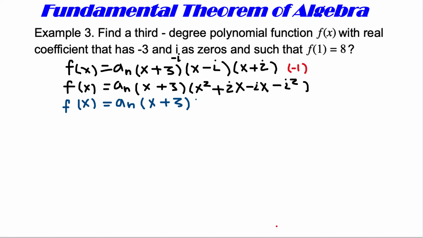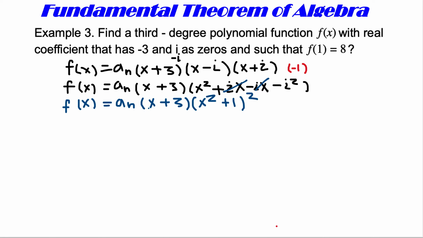And now what do I have here? This ix minus ix cancels, and let me write x squared, the first term, and this i squared is -1. Negative times negative is positive, it means it's a plus 1. So this is what we have here.